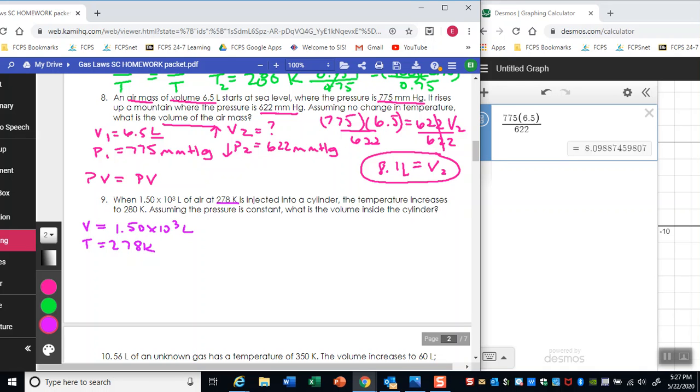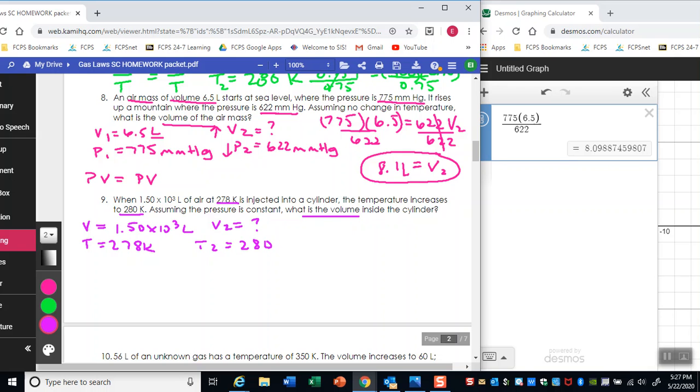It's injected into a cylinder. The temperature increases. All right, so I have a new temperature. The pressure is constant. What is the volume? So I have a new volume. What is the new volume?